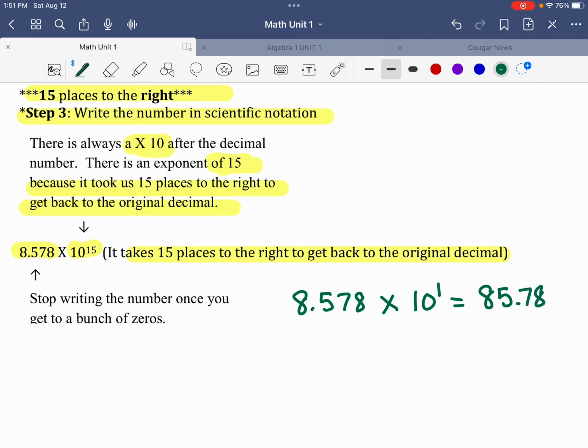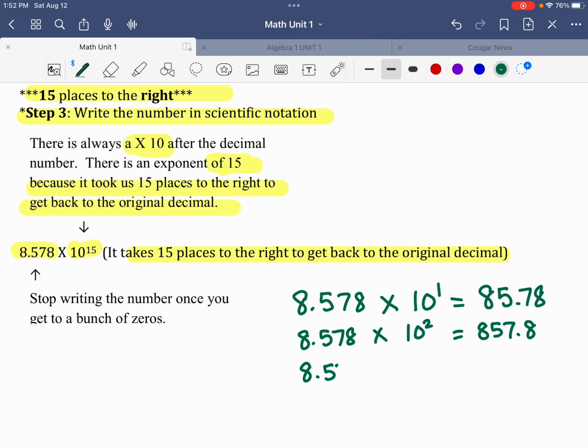If you multiply 8.578 times 10 to the second power, which is, by the way, 100, it will move the decimal 2 places to the right. So it becomes 857.8. And that pattern is going to keep on repeating. This is why scientific notation works.